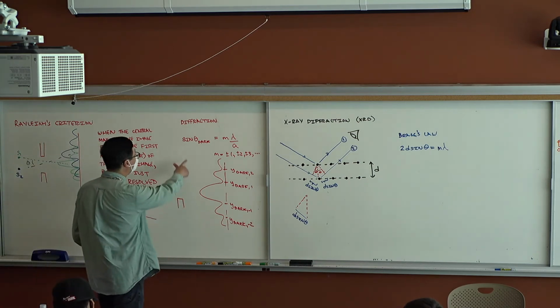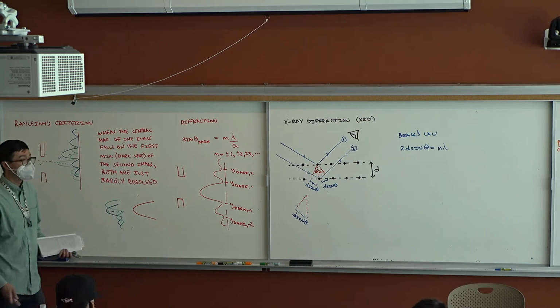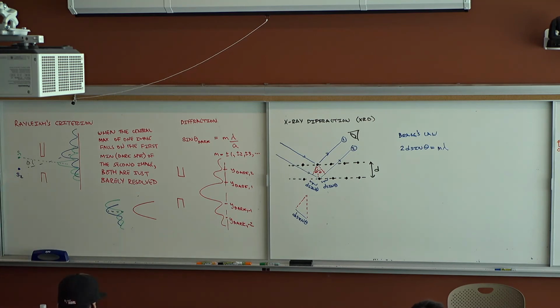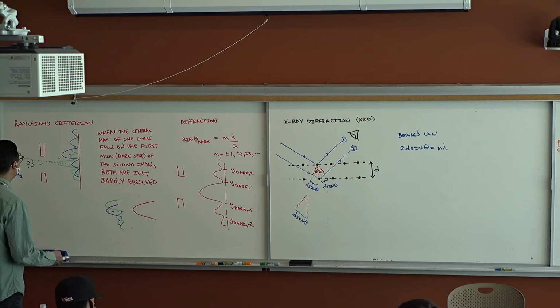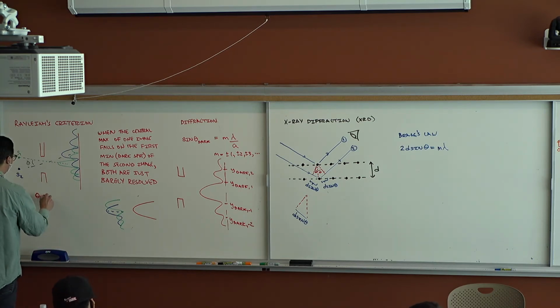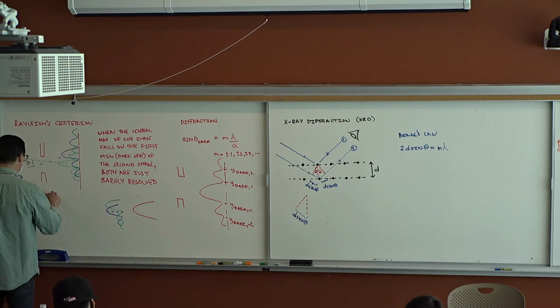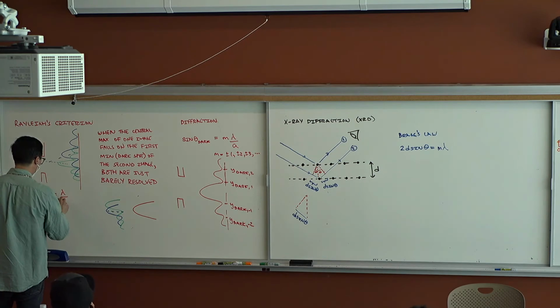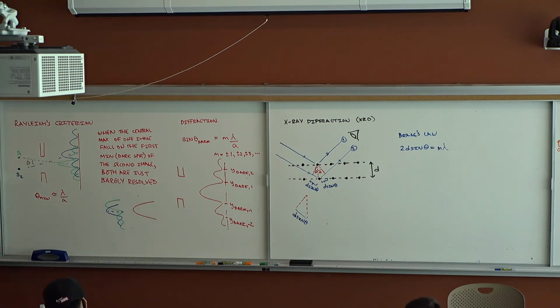So for small angle, sine theta is approximately theta. And so theta min for resolution is roughly lambda over A. If you let theta be any smaller than that, you won't be able to resolve.